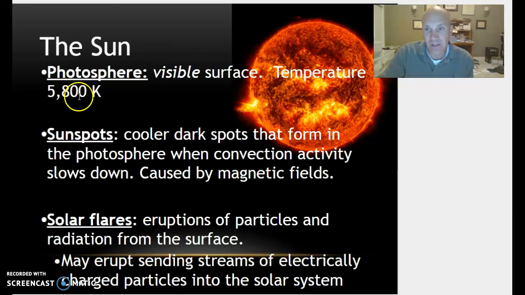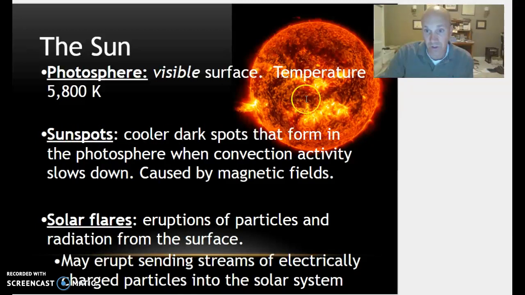Although that might sound like a very, very high temperature, it's actually one of the cooler layers of the sun. If you were to go into the middle of the sun, the temperatures there are going to be millions of degrees.